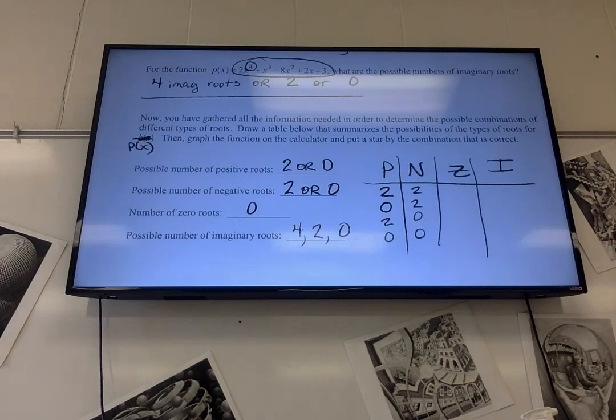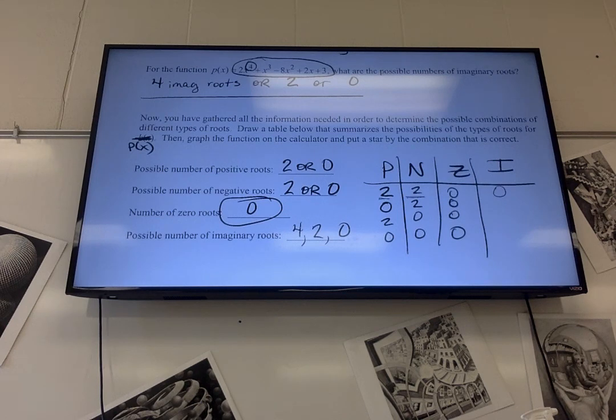The zeros are easy enough. 0 is 0 all the way through because of that. And then for the imaginary, we just have to figure out what's left. We know that all these numbers have to add up to equal 4. So if you have 2 positives and 2 negatives, then you can't have any imaginary. Because that's all 4 zeros.